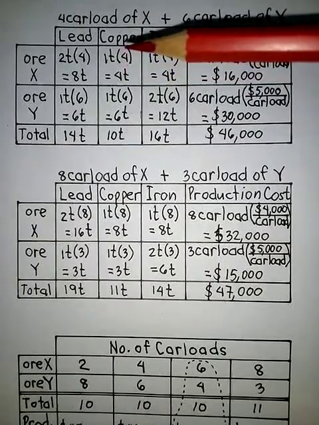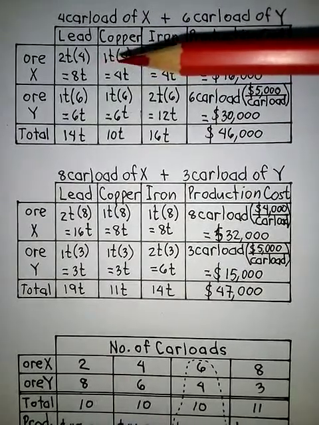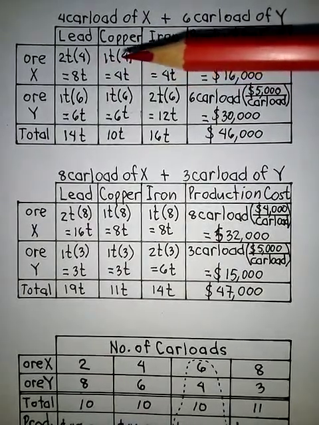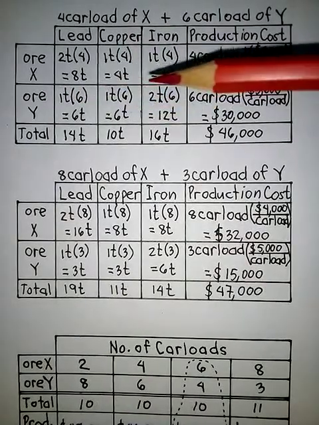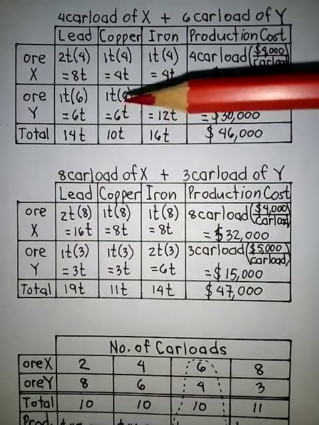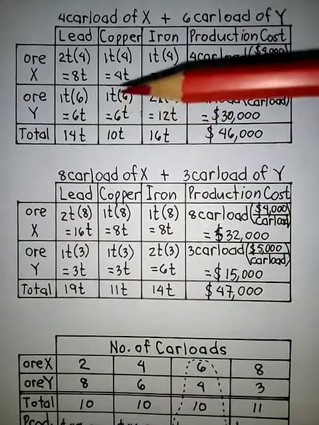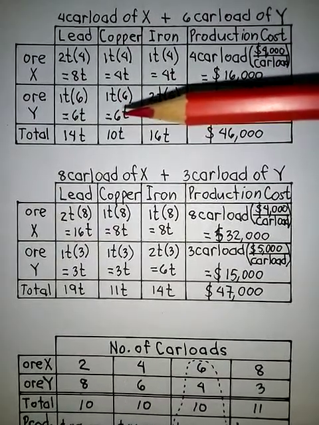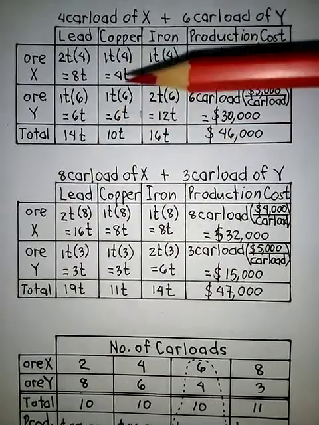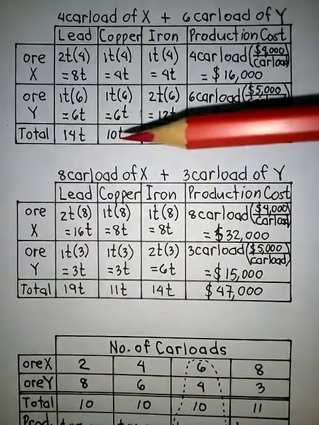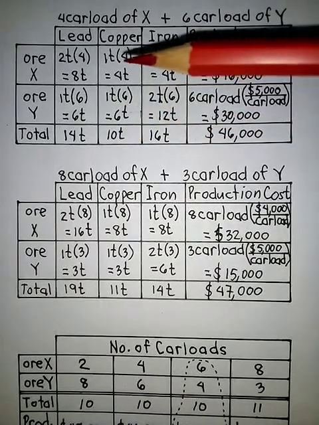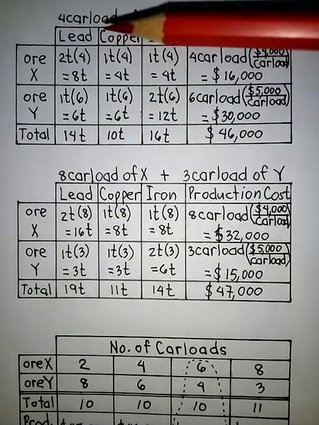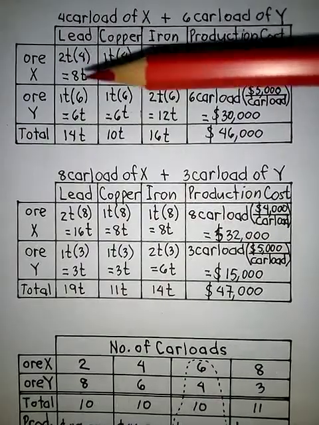So if ore X has 1 ton, in 4 carloads it has 4 tons. And ore Y has 1 ton of copper, multiplied by 6 is equal to 6 tons. So 4 plus 6 tons is equal to 10 tons. So this is acceptable. So let us continue with this solution.